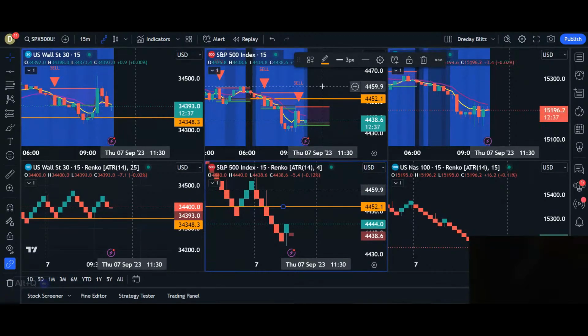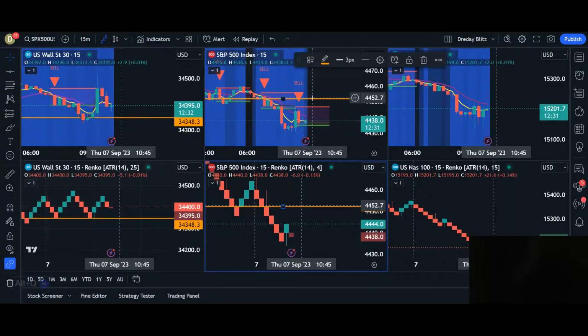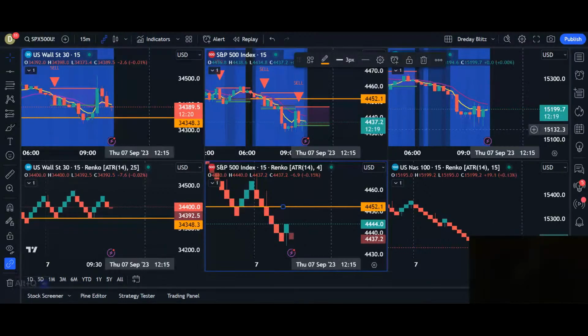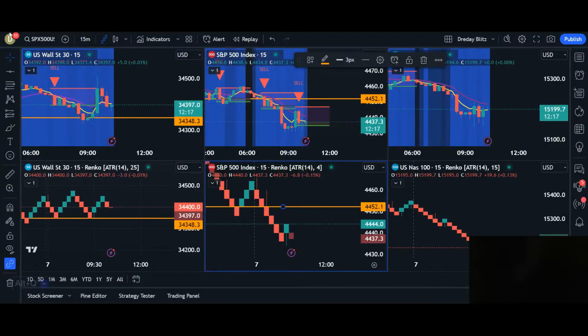And right now there's still indecision here in the market. It's not moving a lot currently. Besides the big push up on US 30 at the start of the session, there's really nothing going on here overall.